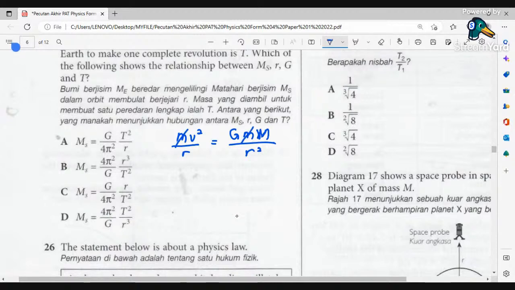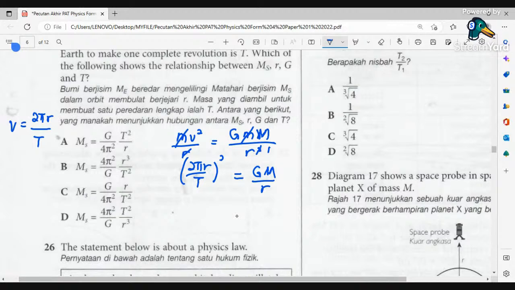The value of v, for one complete revolution, is 2 pi r divided by the time taken for one complete revolution, which is the period. So I will cancel one r here. Okay, substitute v: (2 pi r over T) squared equals GM over r.